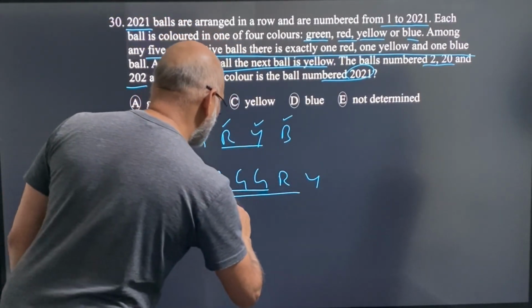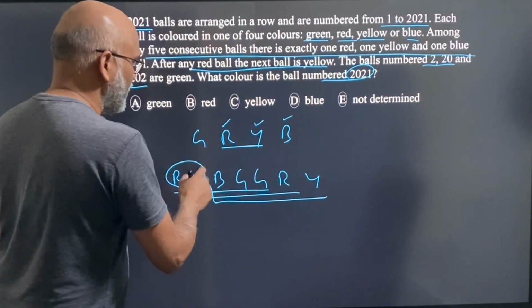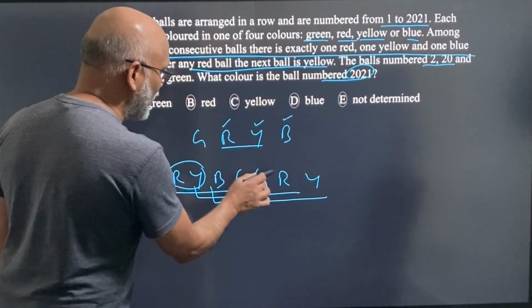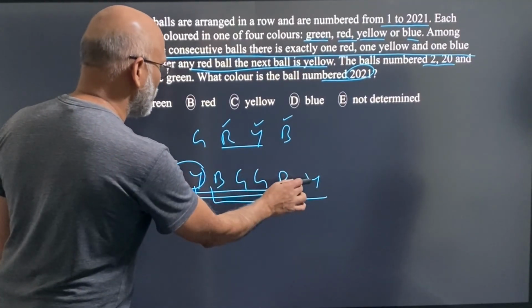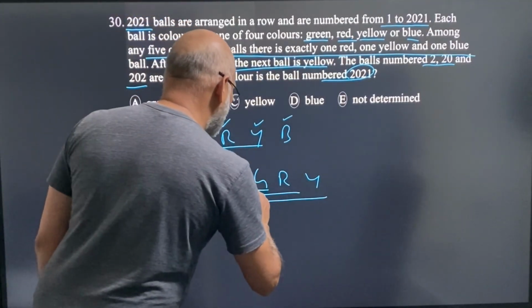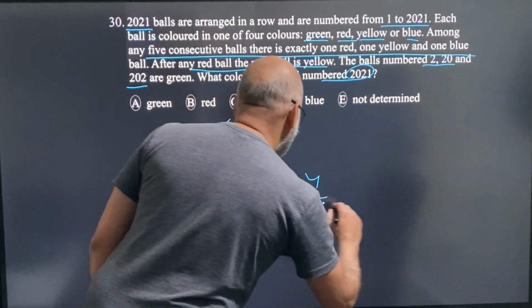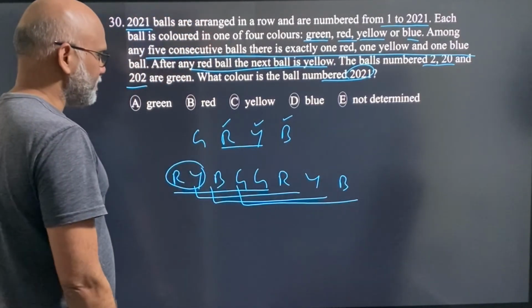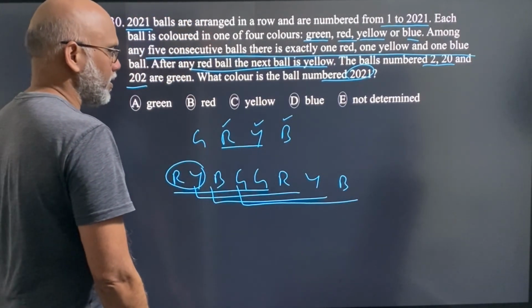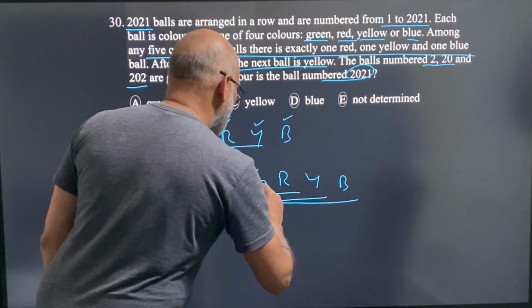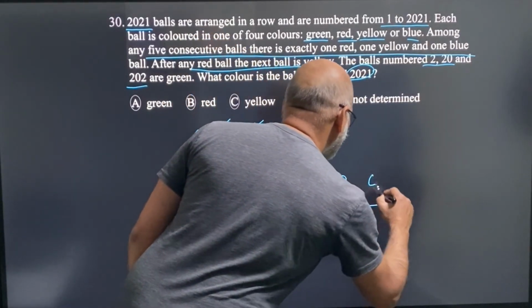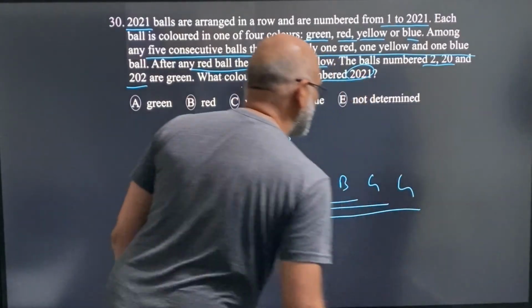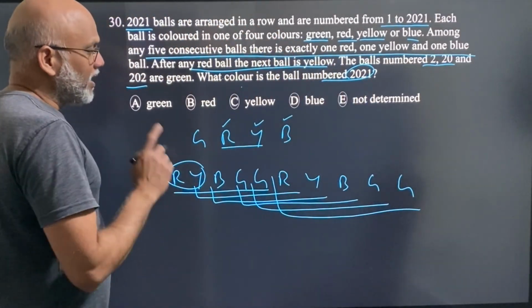So if you take the next 5, again I have exactly one red, one yellow, and one blue. Similarly, if I take the next 5, blue must go there. Then the next 5, green must go there, and the next 5, the other green.